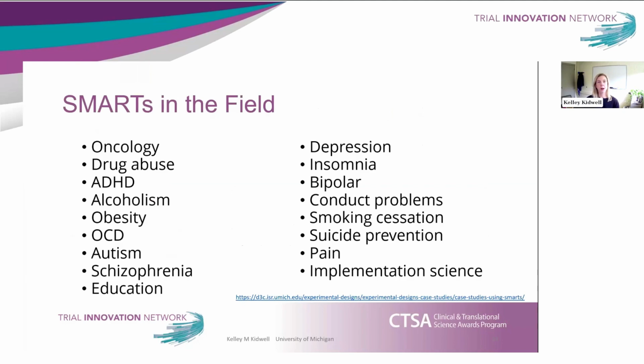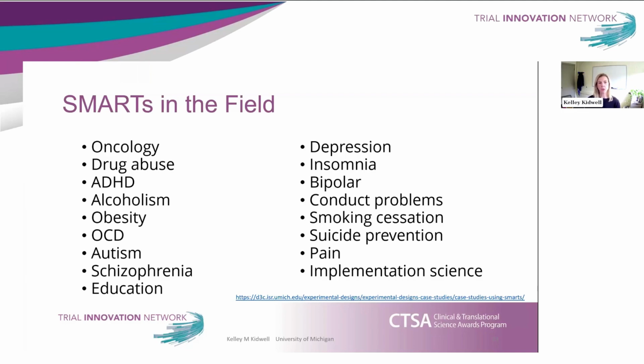There have been a number of SMARTs in the field. They sort of started off in oncology, given the natural sequencing of treatment that occurs in treating cancer. But there's been an explosion of SMART designs over the last 2 decades in many different areas, particularly those using both pharmacologic and non-pharmacologic treatments. Usually these trials look at maybe one drug, but multiple behavioral or non-pharmacological interventions and how they best go together.